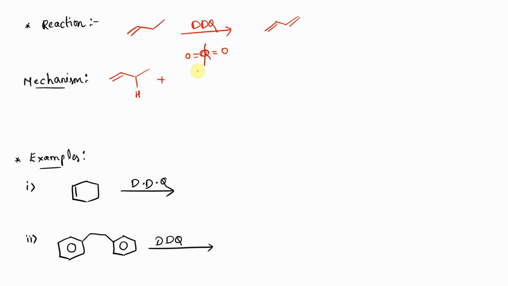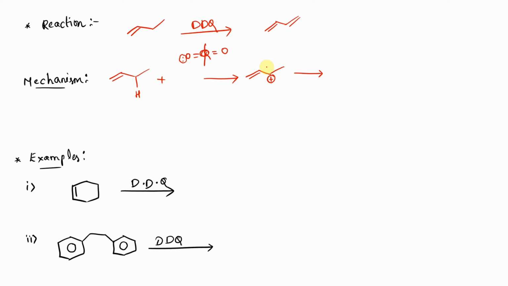Instead of Q, you can also write it as phi, like this. Okay. So if we take the structure like this, what happens is, the lone pair of electrons present on the oxygen attacks this acidic hydrogen. As a result, we get a carbocation on this position. If it is a tertiary carbocation, it will be more stable.